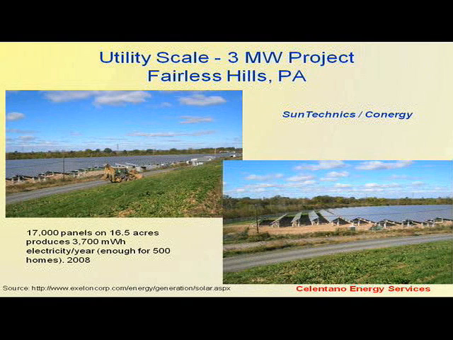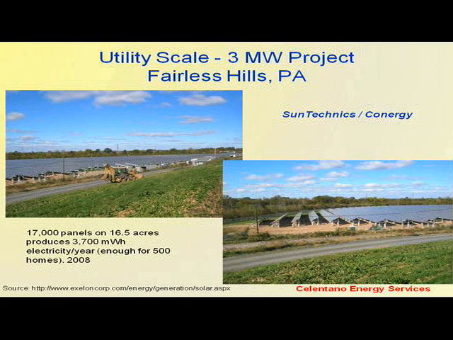Now, one thing you have to consider, of course, is if you are using agricultural land for solar electricity production, you're competing with crop production. And so that's something that in some areas where the agricultural land is very productive, it might not be a good trade-off.